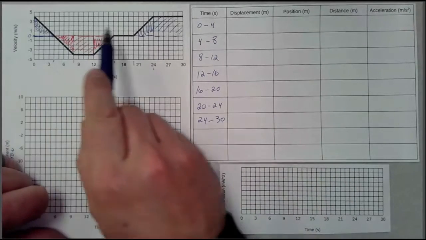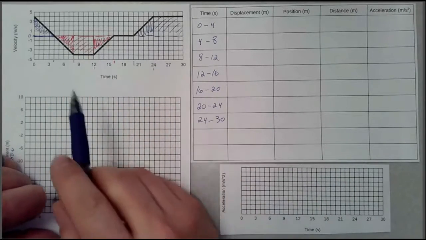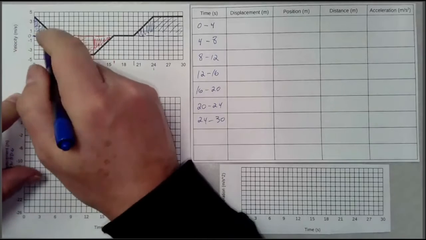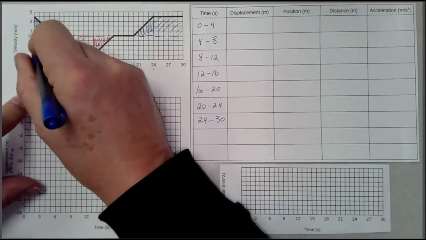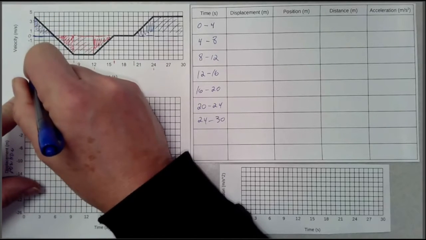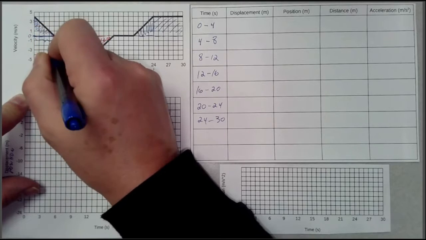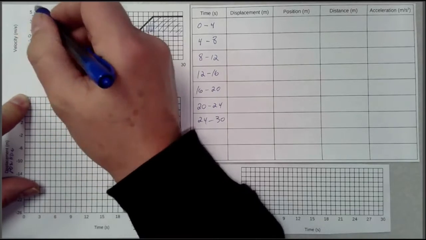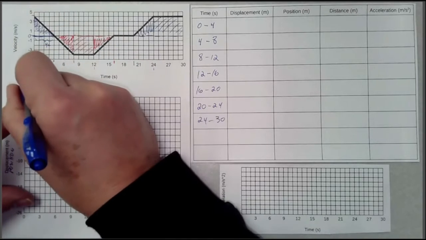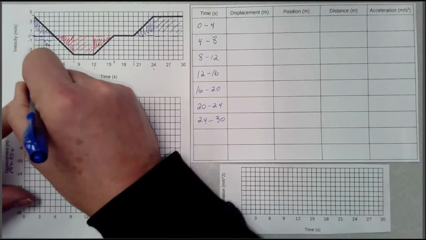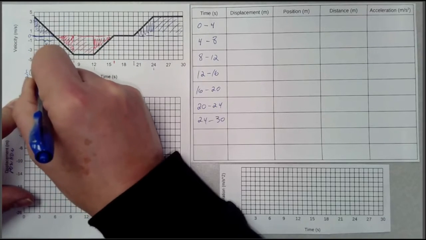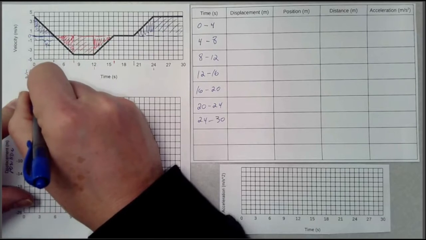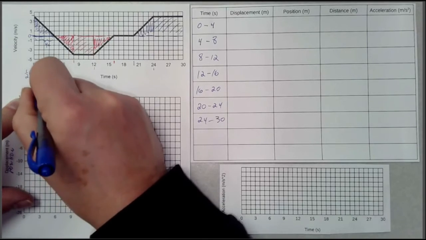All right, so I need to calculate all the areas of these shapes. So this first shape, the base of this triangle right here is 4 seconds, and the height is 4. So if I do 1/2 of 4 seconds times 4 meters per second, I would get 8 meters.